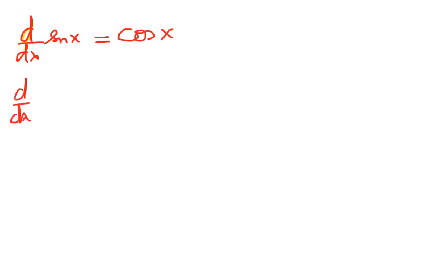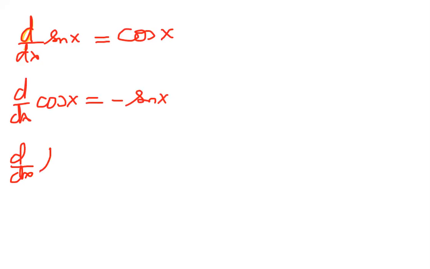Now I'm going for the trigonometric ratios. Differentiation of sin x will be cos x. Differentiation of cos x is minus sin x.